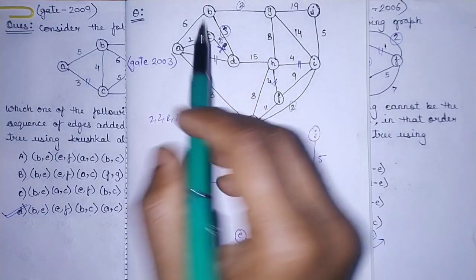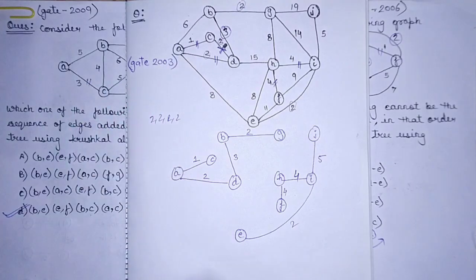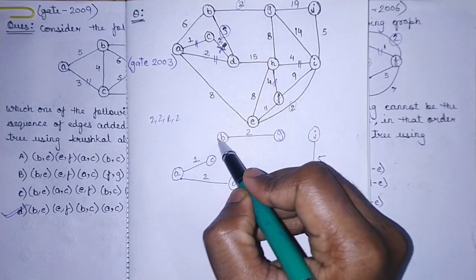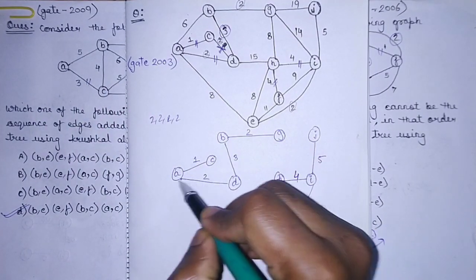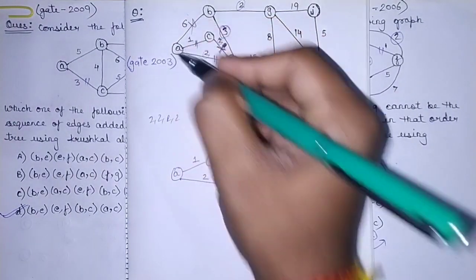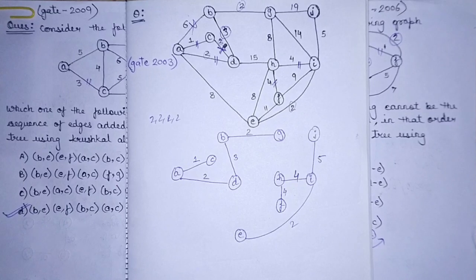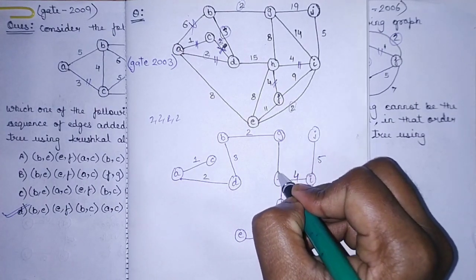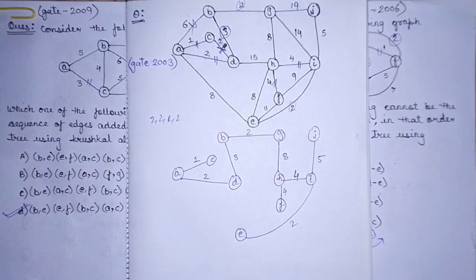Now after this 5, what is the next value? 6. But this 6 cannot be taken because it will form a cycle like this. So this 6 is not possible. You can either strike it out or just ignore it. After 6, the next value is these 8s. Among these 8s, any one of these edges can be taken. So I am taking the edge G to H as 8.